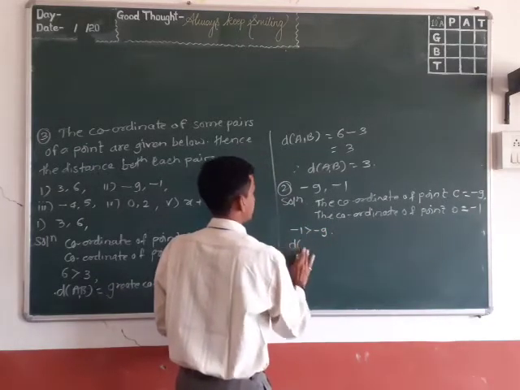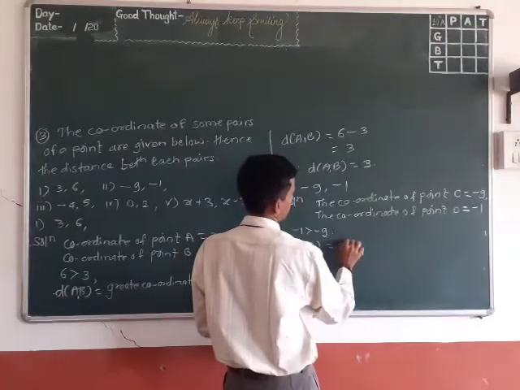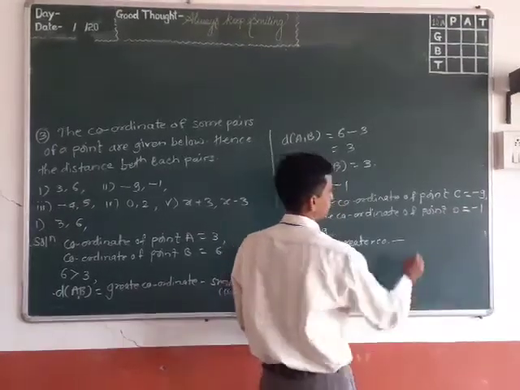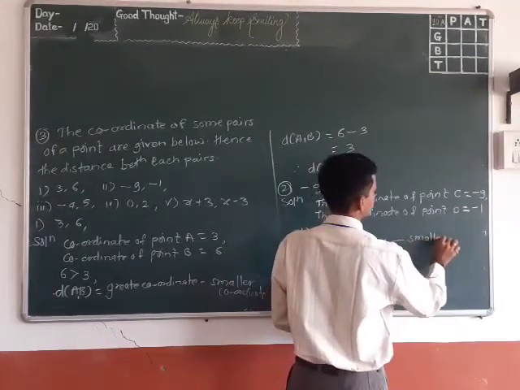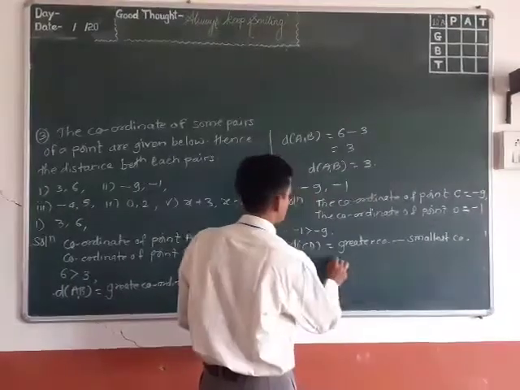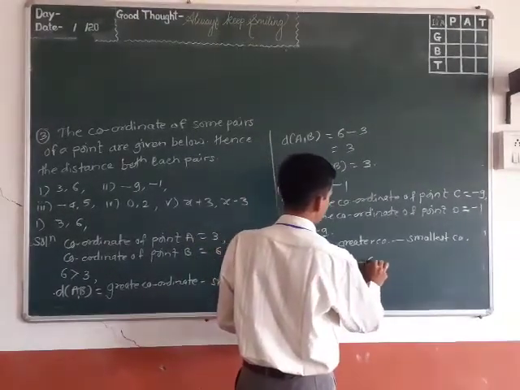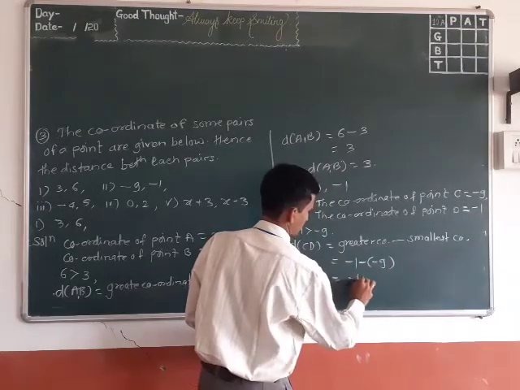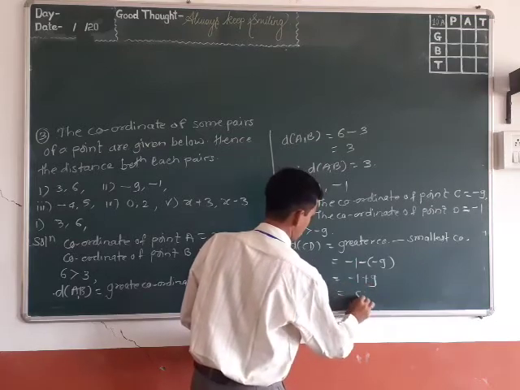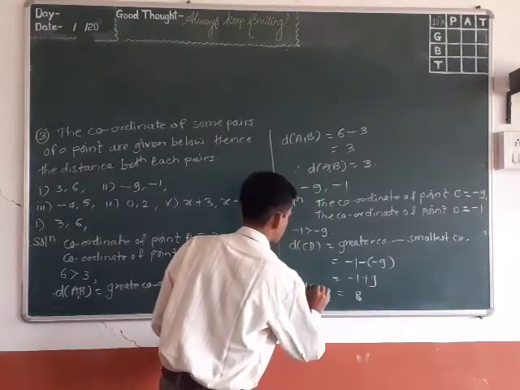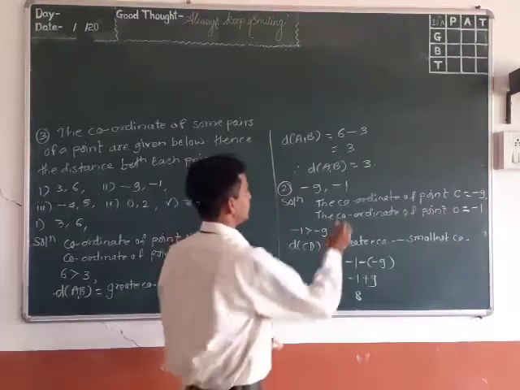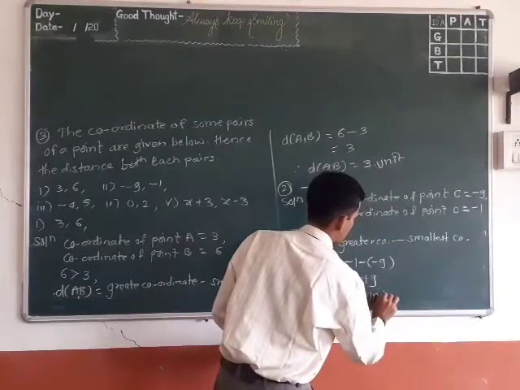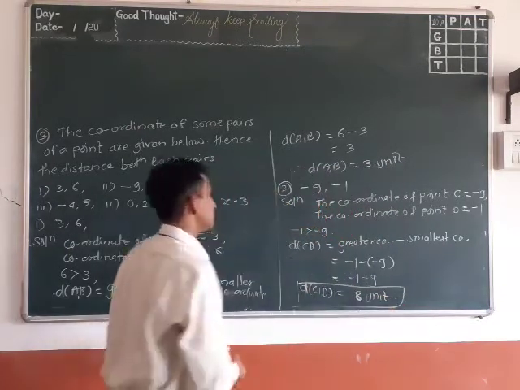Distance CD is equal to greater coordinate minus smaller coordinate, which is -1 minus (-9), equal to -1 plus 9, equal to 8. Distance CD is 8 units.